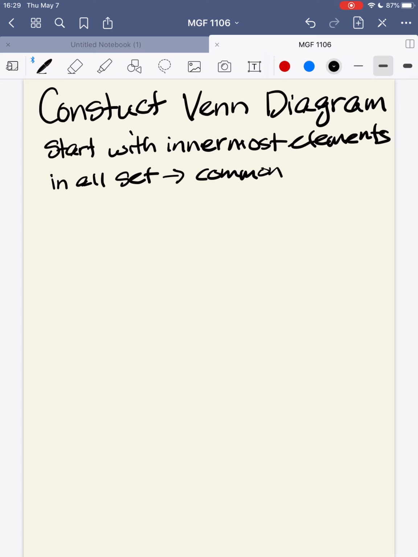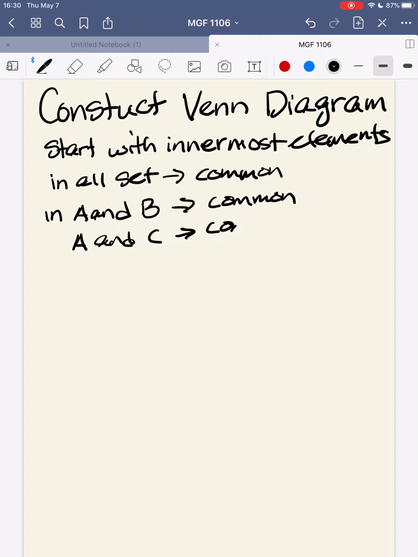Is there something in common for all 3 sets? Do that first. Then look at A and B, and find out what they have in common. A and C, what do they have in common? And B and C, look at what they have in common.